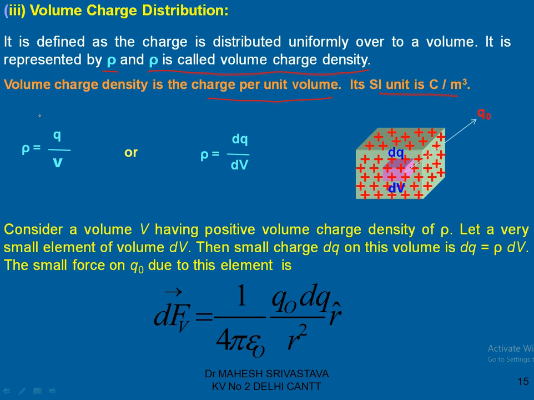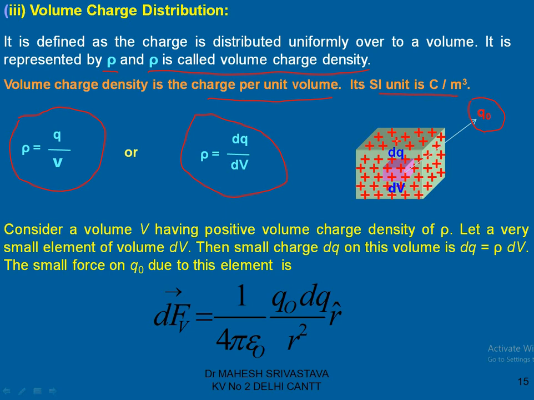Mathematically we can say that rho equals Q upon V or rho equals dQ upon dV. Again, as in the previous two cases, we will find the force on test charge Q naught due to the volume charge distribution.